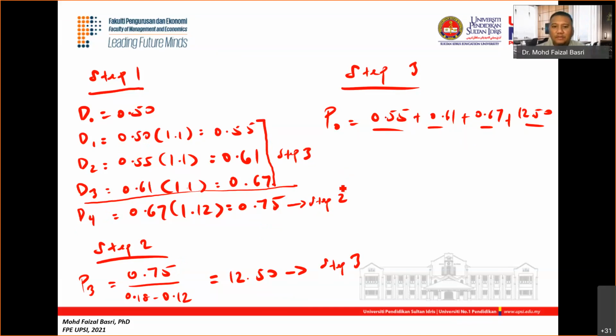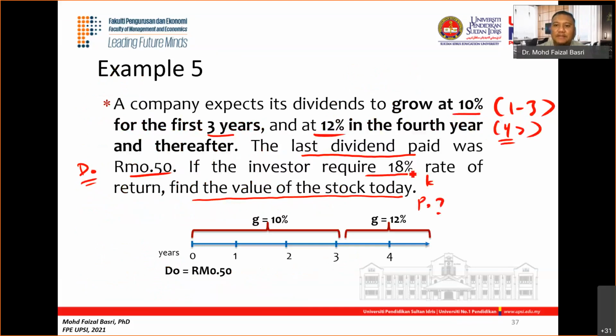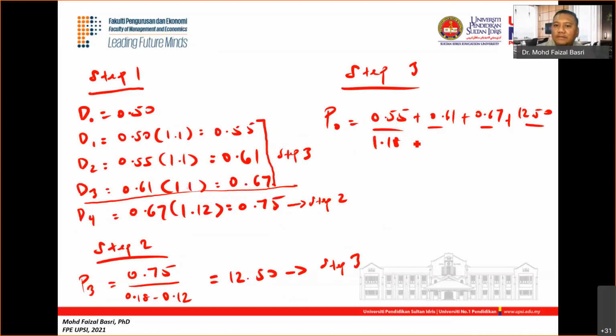And our K, 1 plus K, what was K? K is 18%. So 1.18 squared, 1.18 to the power of 3 is also 1.18 to the power of 3.